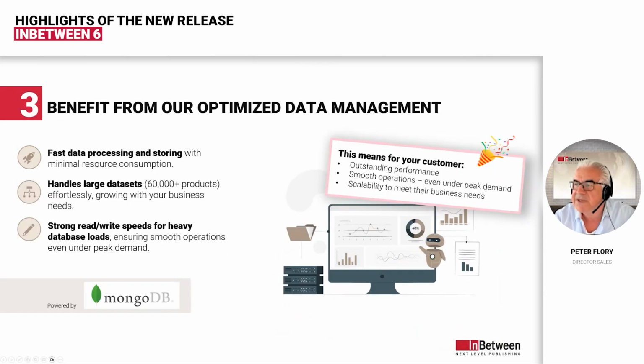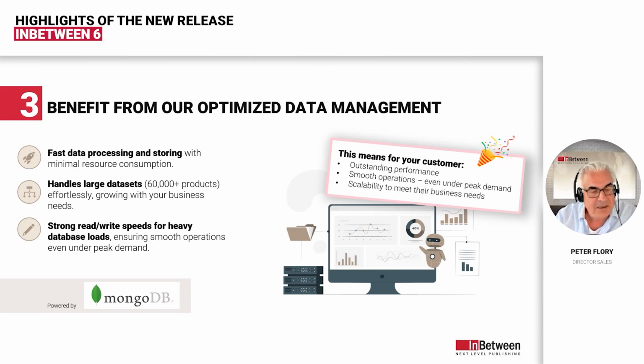We also spend a lot of time on data management, the underlying database we're using. This is completely in the background. You don't really see that database. It is now MongoDB, which is far more performant than the database technology we used before. So this is for fast data processing and storing.